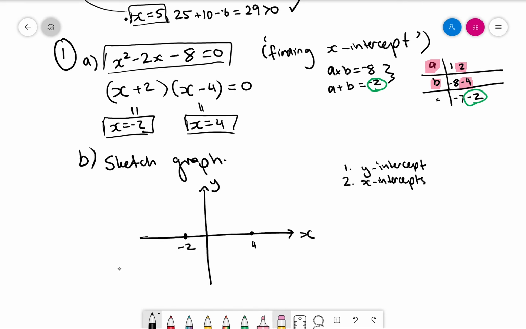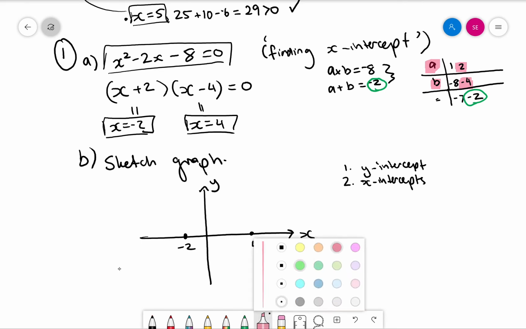Now, we know that our y-intercept is just the constant term up here. So we know our y-intercept is going to be minus 8.